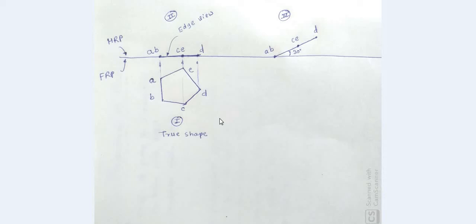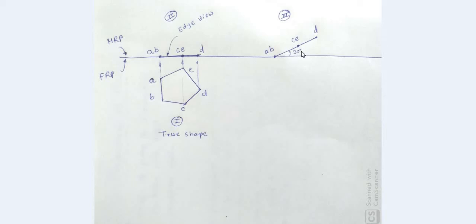So in the third step of the solution, we will lift this edge view. We will not change the dimension of the edge view. Whatever the length of the edge view is, at some appropriate distance we will keep this AB on HRP, and we will lift this edge view by the second sub-condition, that is, this edge view is inclined at 30 degrees to HRP.